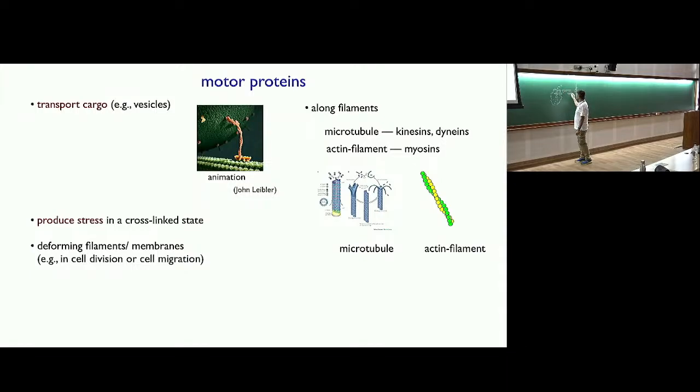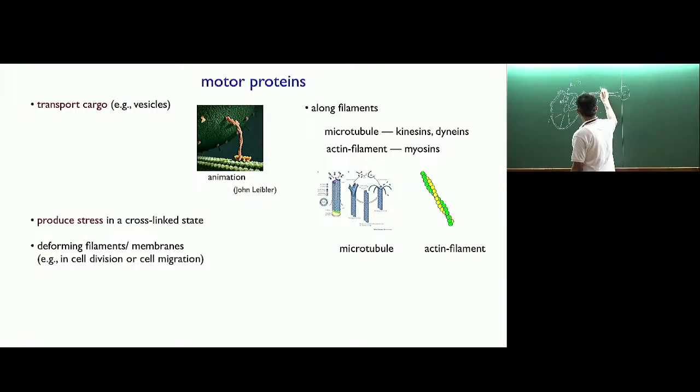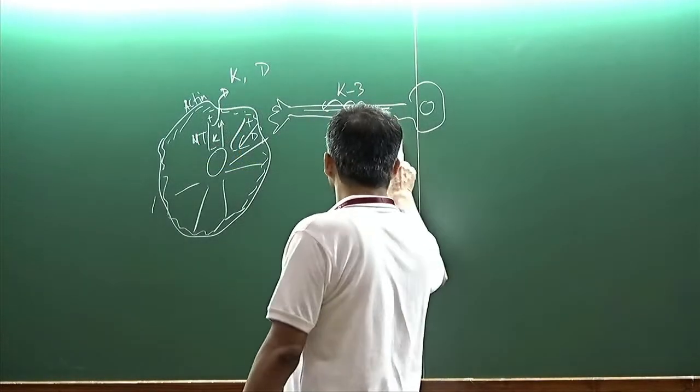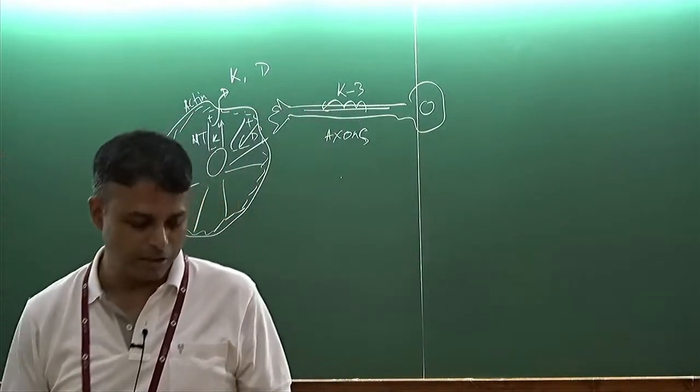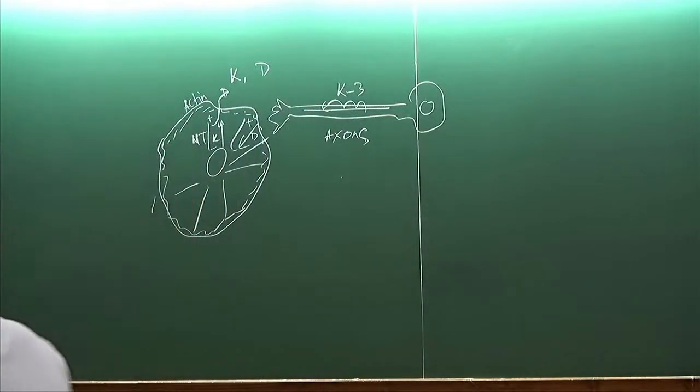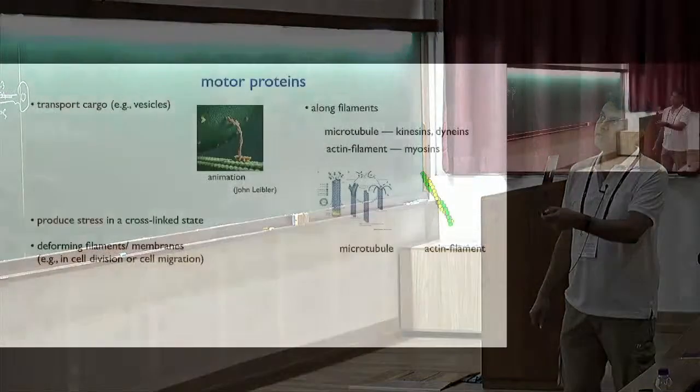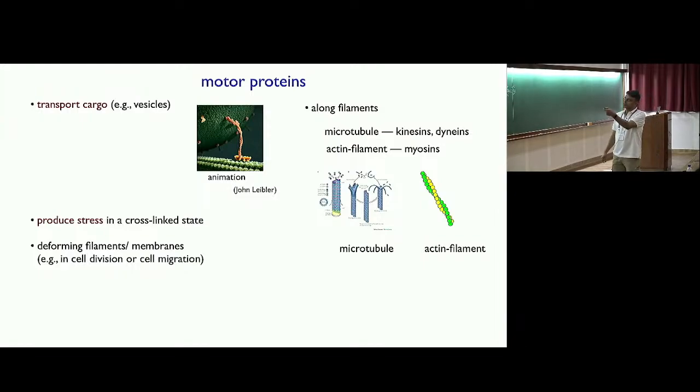In one part of the talk, I'll be talking about transport by kinesin kind of molecular motors, particularly kinesin 3, moving cargo from the cell body towards the cell periphery, say long appendages. So those cartoons will help us. So they can transport cargo.